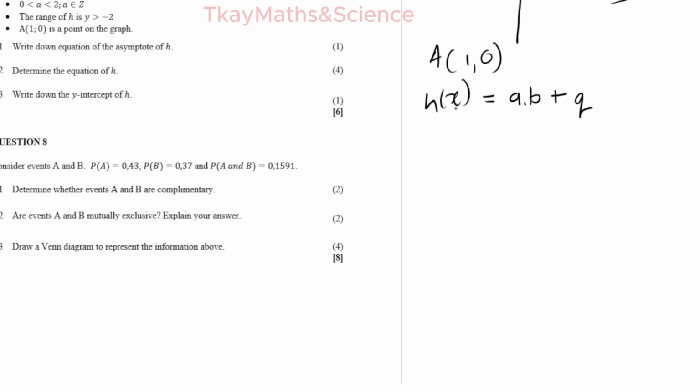But here h of x, the value of y, is 0. So it's going to be 0 is equal to a b plus q.